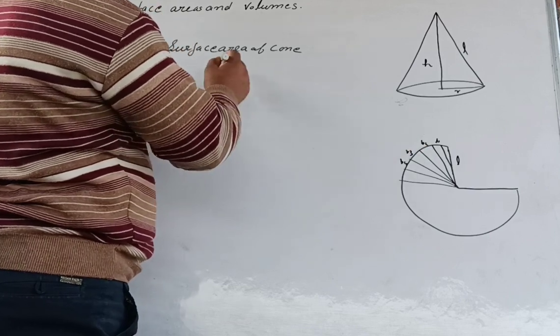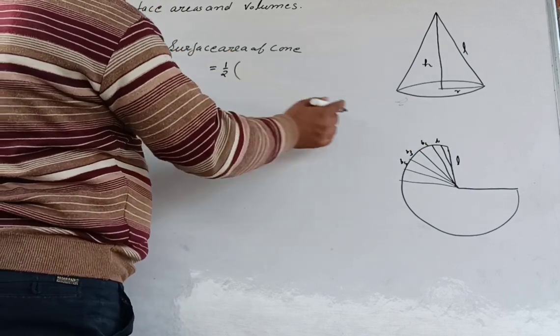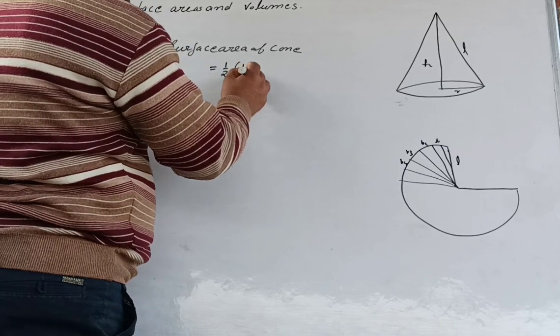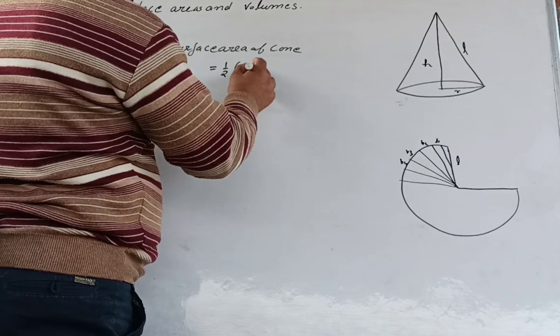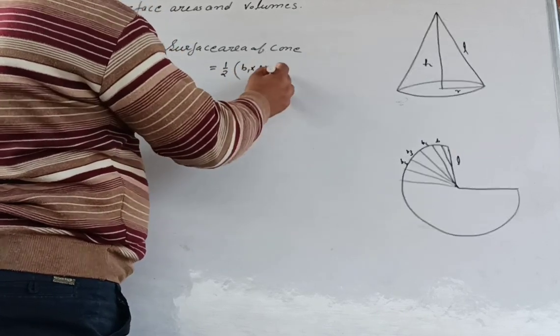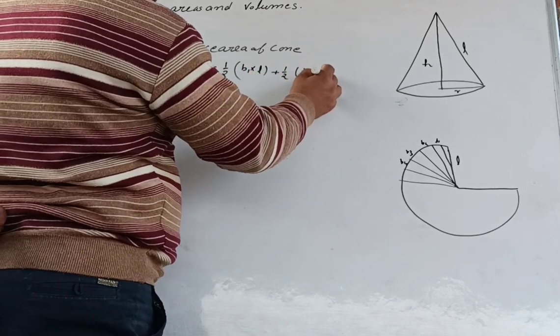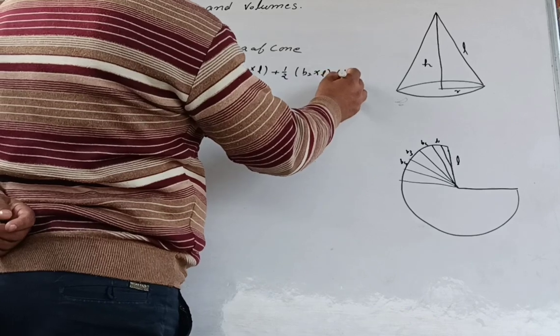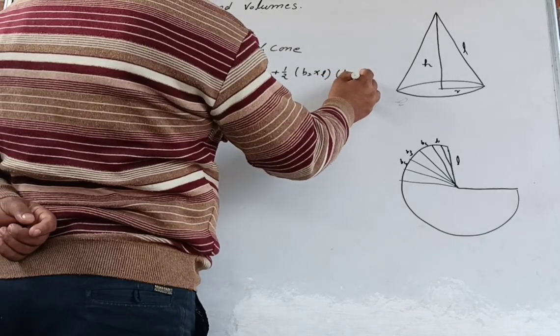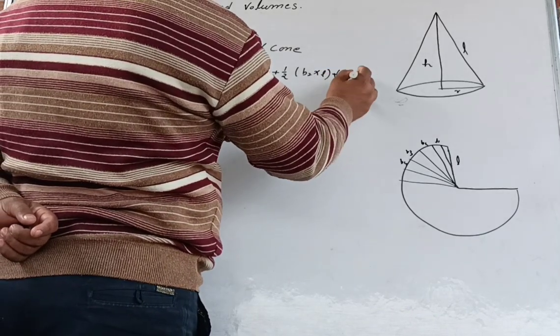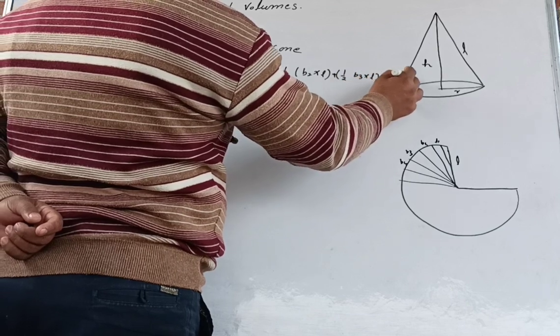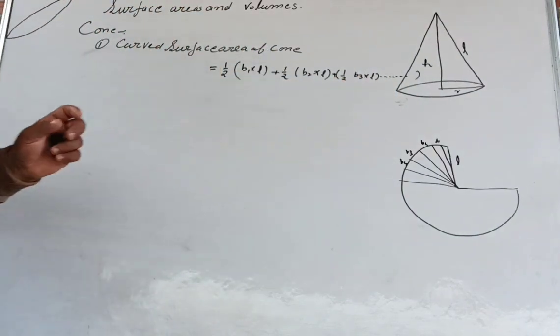Area of this is equal to 1 upon 2 base B1 and height L, 1 upon 2 B2 into L, 1 upon 2 B3 into L, and we do this work many times.